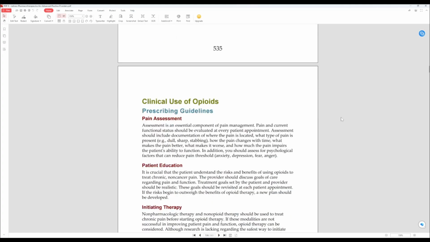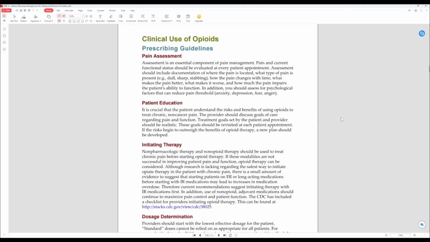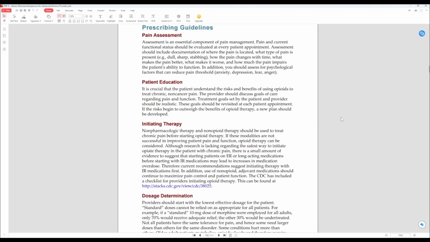So the clinical use of opioids, prescribing guidelines for pain assessment. Assessment is an essential component of pain management. Pain and current functional status should be evaluated at every patient appointment. Assessment should include documentation of where the pain is located, what type of pain is present, how the pain changes with time, what makes the pain better, what makes it worse, and how much the pain impairs the patient's ability to function.